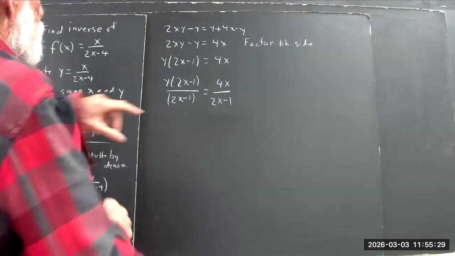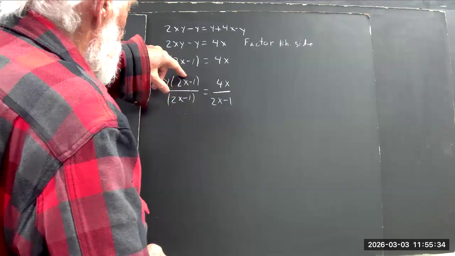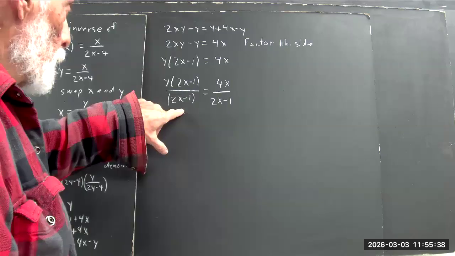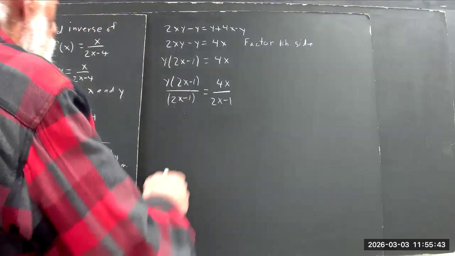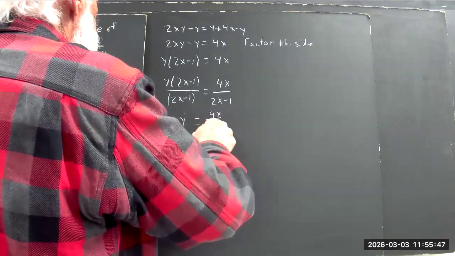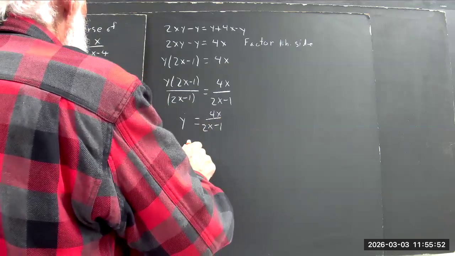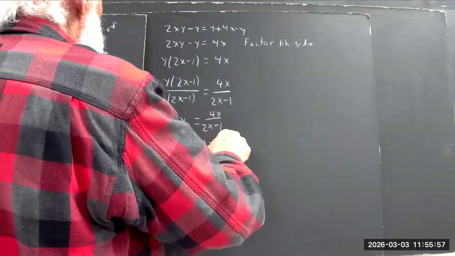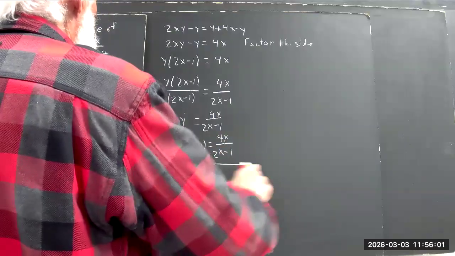Dividing the 2x minus 1 factor of the denominator on the left-hand side into the 2x minus 1 factor in its numerator, we just end up with y equals 4x over 2x minus 1. So we've just found f inverse of x to be 4x over 2x minus 1.